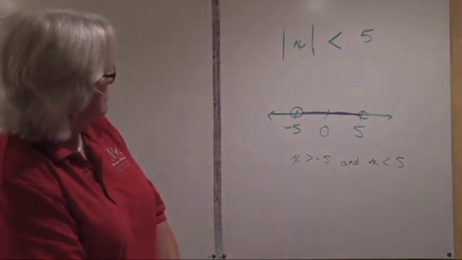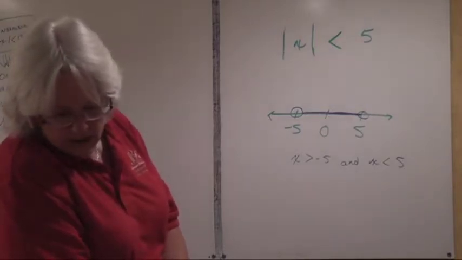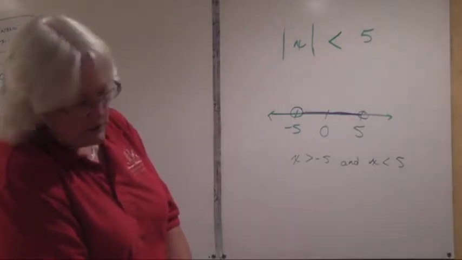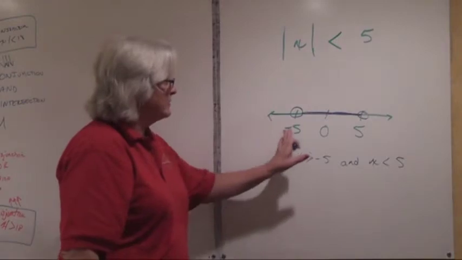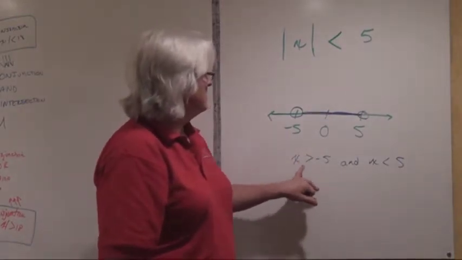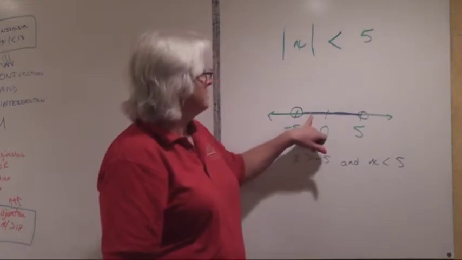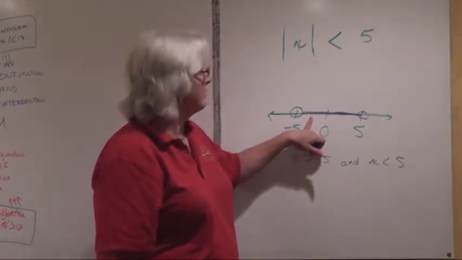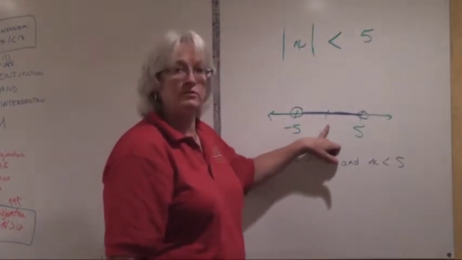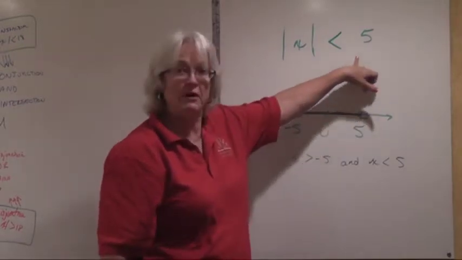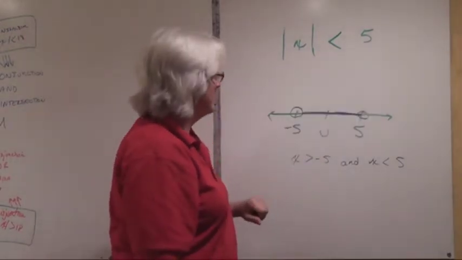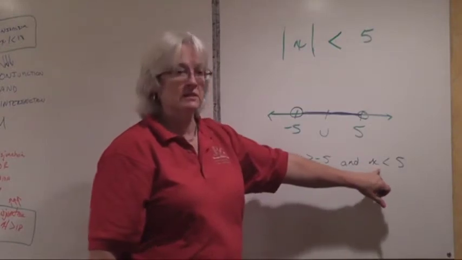Now, what can we do with this? x has to be greater than -5, and it has to be less than 5, because what happens if x is greater than -5? Remember, we've got negative numbers. For example, it could be -4. That's 4 units from 0, so the distance is less than 5, or the absolute value is less than 5. x has to be less than 5.